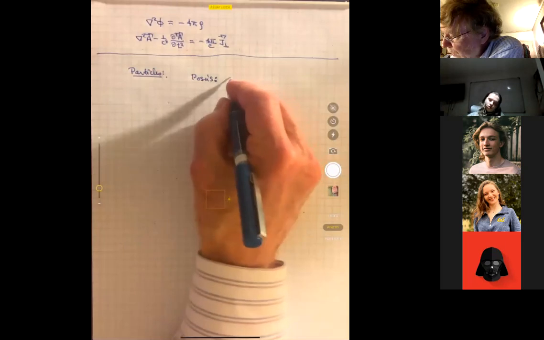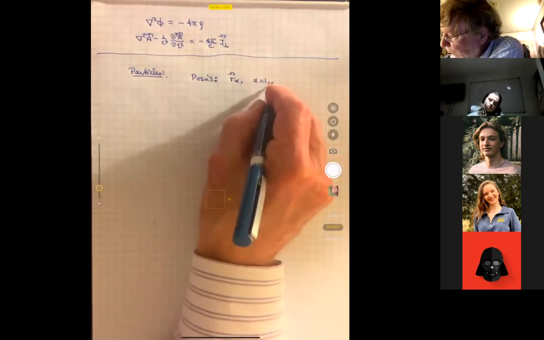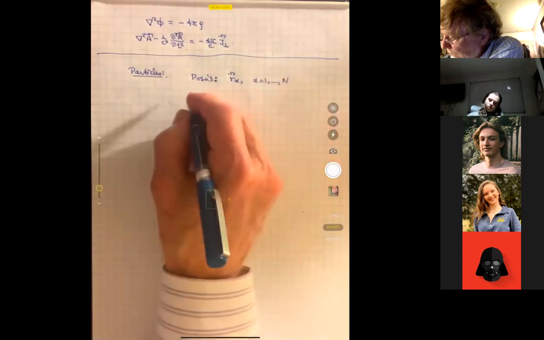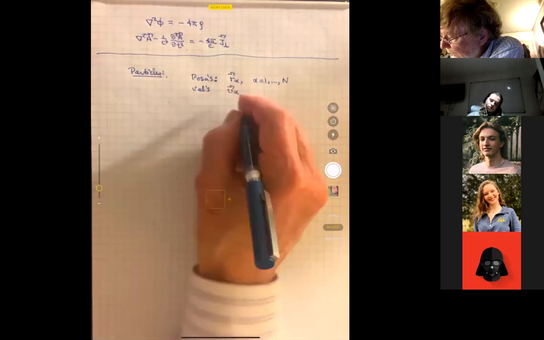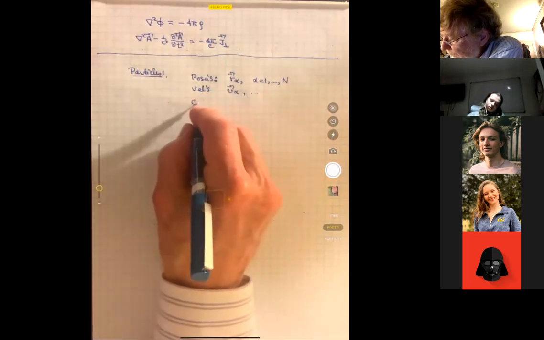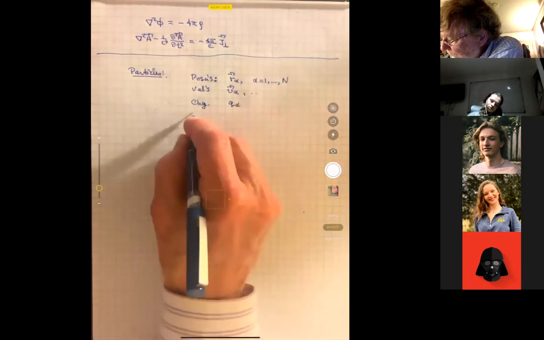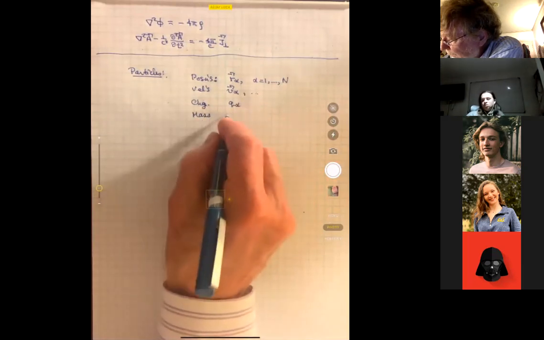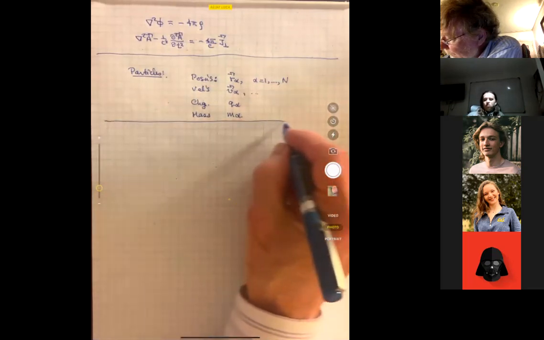I'll denote this as r sub alpha, where alpha goes from 1 up to N, so alpha indexes the particles. If we talk about the velocities, let's call that v sub alpha in the same range. The charge of the particles, let's call that q alpha. The mass of the particles, let's call that m alpha, and I think that's enough for describing the particles.